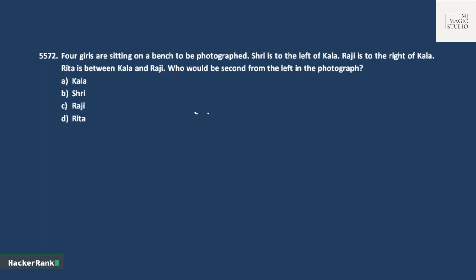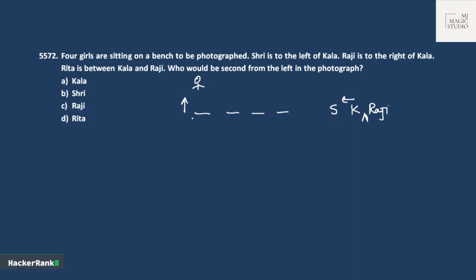Four girls are sitting on a bench to be photographed. Shri is to the left of Kala. Let me assume that they are facing the photographer and the photographer is standing here. Raji is to the right of Kala. Right of Kala is Raji. Rita is between Kala and Raji.